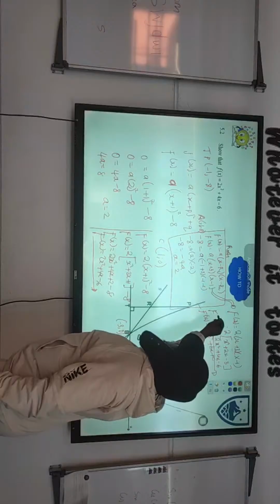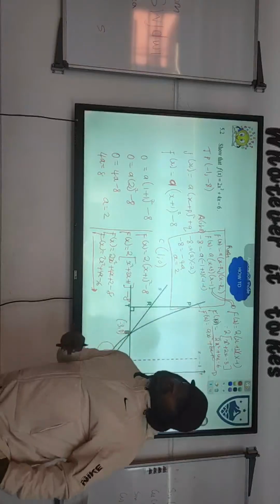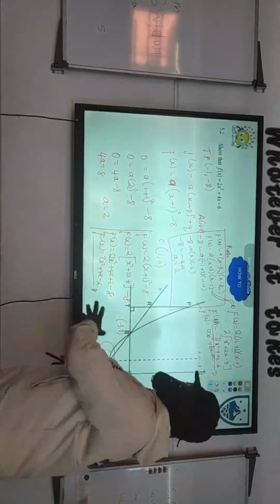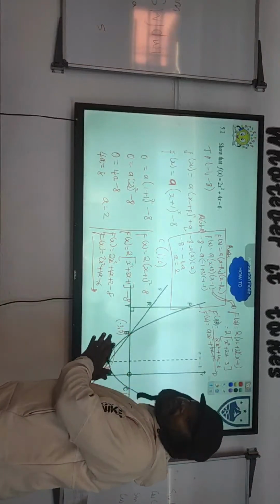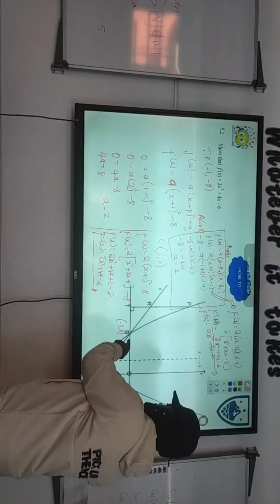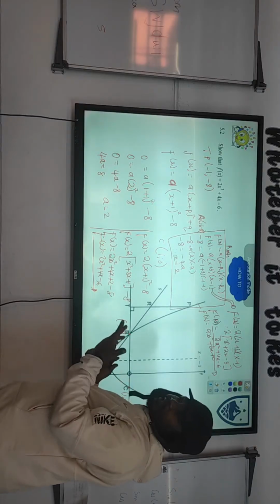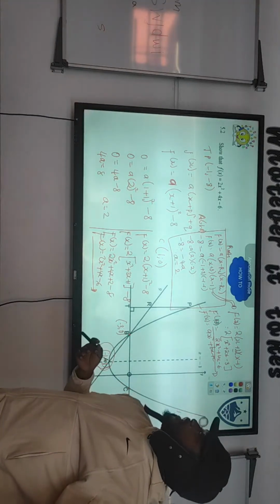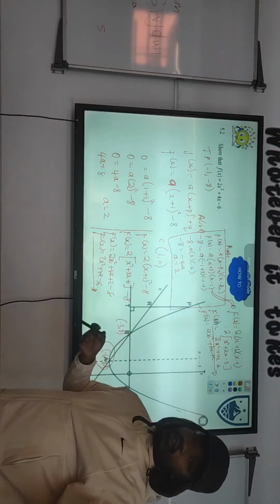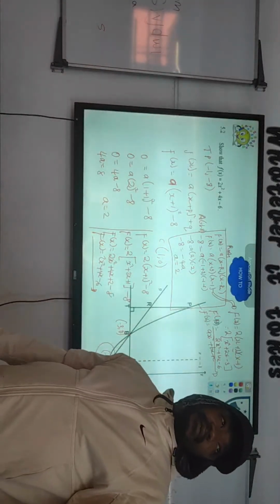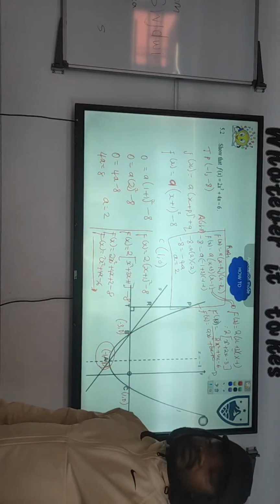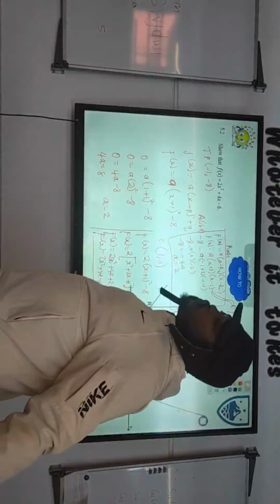So whichever way you would like to use, you can use that, because fortunately here you had the x-intercepts and you also had the turning point. So it was very difficult for you to not get that equation, especially when it's given to you.